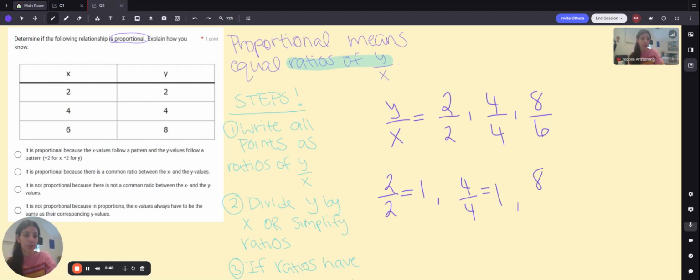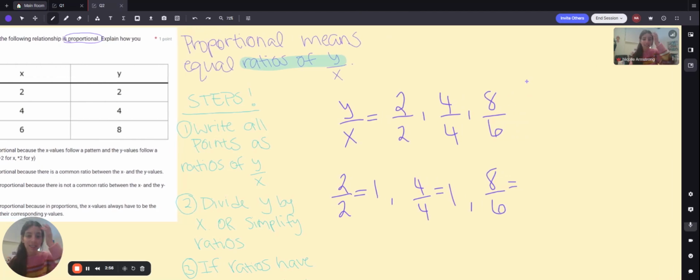But we notice something different here. What is the quotient between 8 and 6? That's not equal to 1, but we can solve it using long division. We know that 6 goes into 8 at least once. We subtract. We bring down a 0, and it looks like we'll need to add a decimal in order to drop a 0. 6 can go into 20 three times.